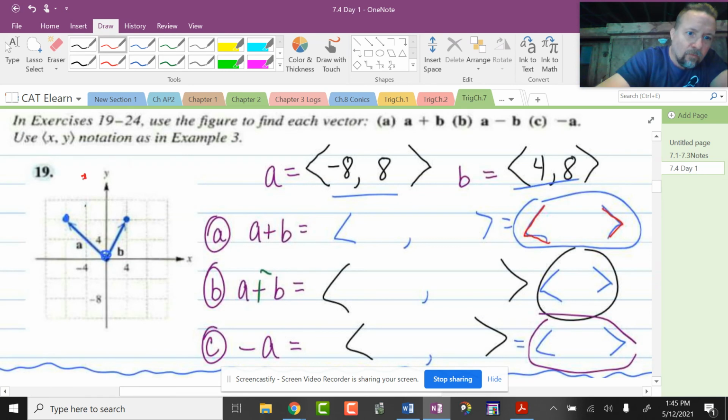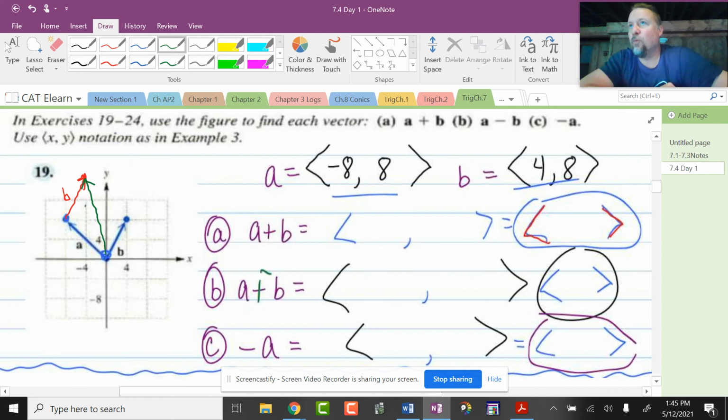I'm going to rise 2, run 1. This is how you geometrically show A plus B. You tack B onto the end of A, and then the new vector is this. This would be the actual plane's course because the wind would put it off in that direction and actually make it longer because, again, it is kind of helping it in a way. So that is a longer vector, and this is at -4 comma 16.